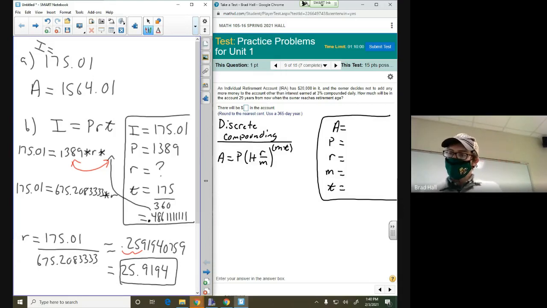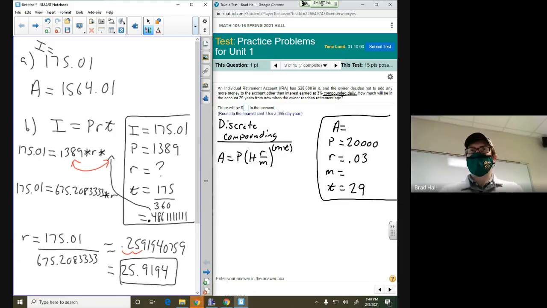Looks like 20,000 is what the account starts off with. The rate, I'll just go ahead and put 0.03. I'll just convert the rate to a decimal. The time seems to be 29 years. And we're compounding daily. So what does that tell us?